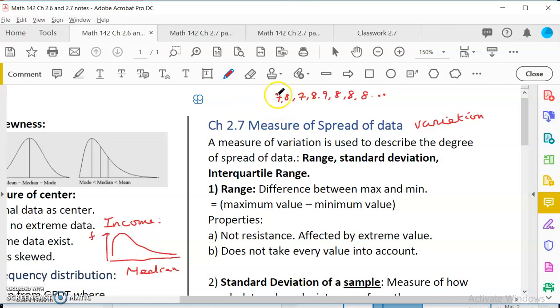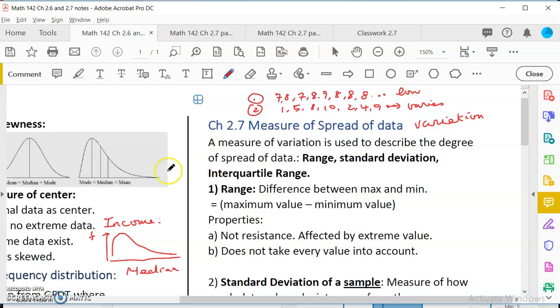But if I have scores out of 10, and the other group of students is like 1, 5, 8, 10, 2, 4, and 9, you can obviously feel that these data vary a lot. So we would say that these have a high degree of variation. This one has a low degree of variation.